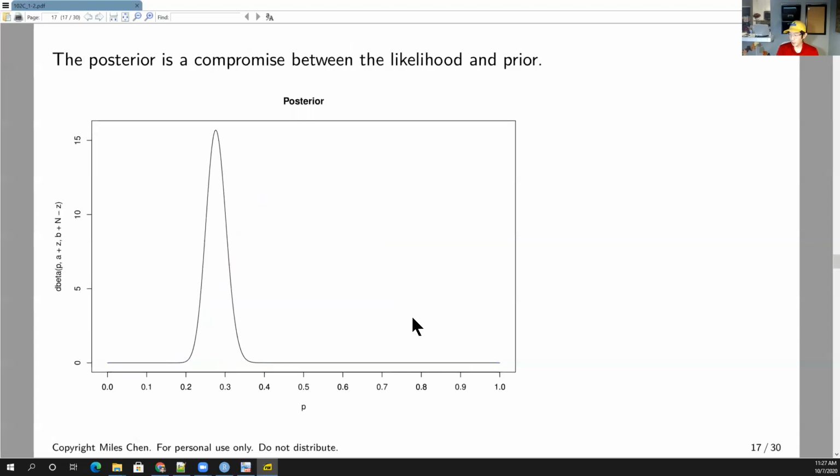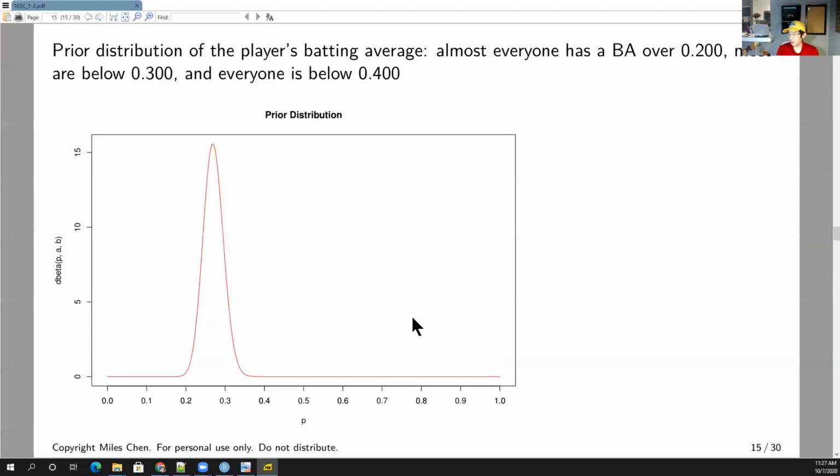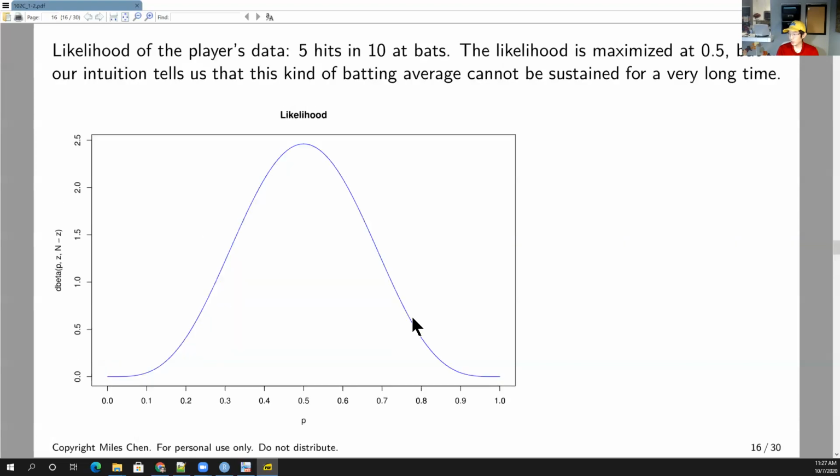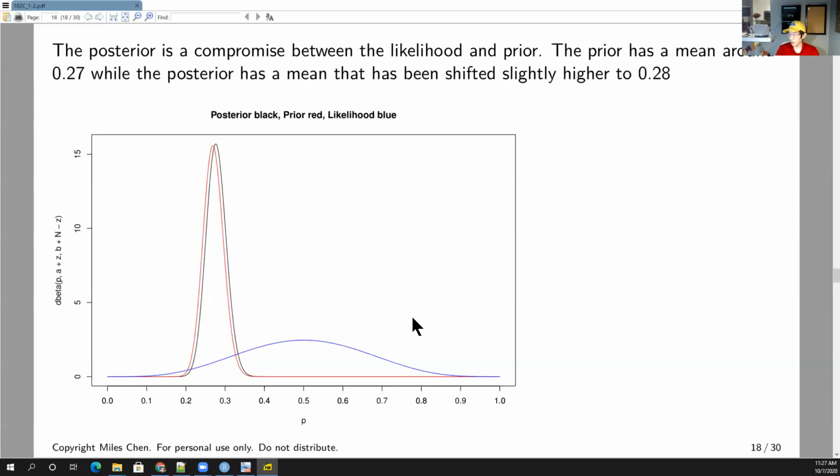And the posterior is going to be a compromise between the prior and the likelihood. If I put all three on the same plot, we can see that the prior distribution is in red, the likelihood is in blue, and the posterior is a blend of these two, and it's just ever so slightly shifted to the right.